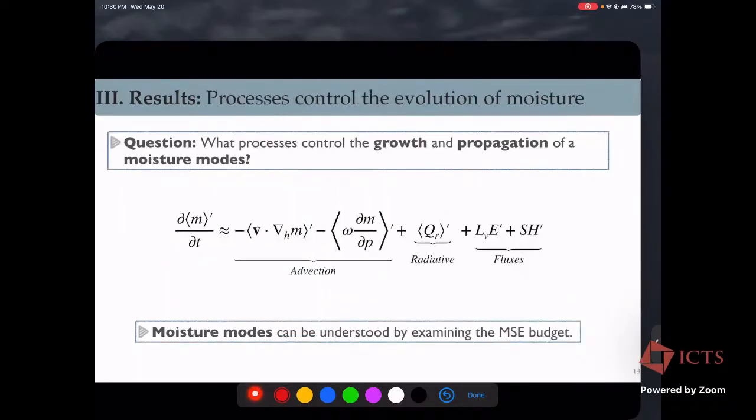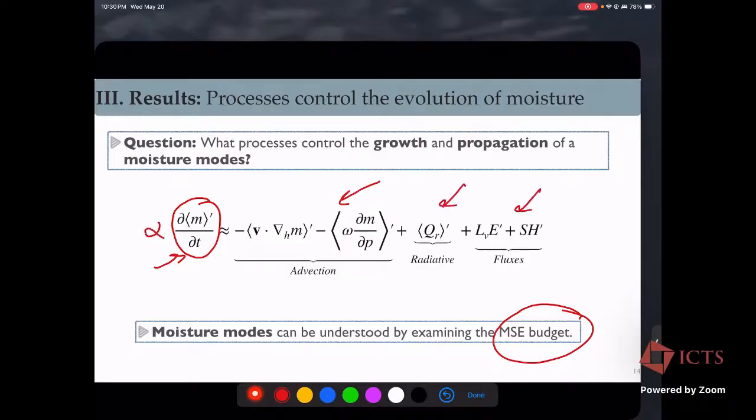Okay, the next question is what processes control the evolution of this moisture mode? To understand moisture mode, we can use the column MSE budget. I don't know if most of you are familiar with this equation, but basically the moisture evolution in the system can be understood by using, for instance, the horizontal advection of moisture, the radiative heating, and fluxes in the system.